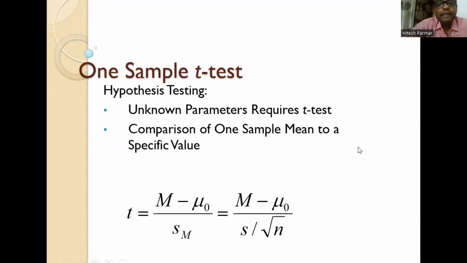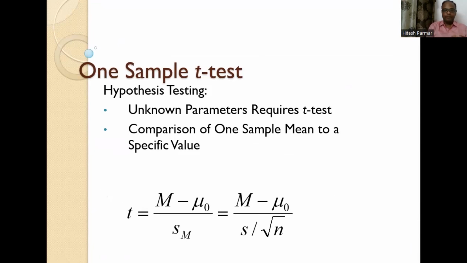The one sample t-test can be applied for an unknown parameter, and it requires comparison of the unknown parameter to a specific value. It is the comparison of some specific value to the sample mean, and this specific value is a benchmarking value.